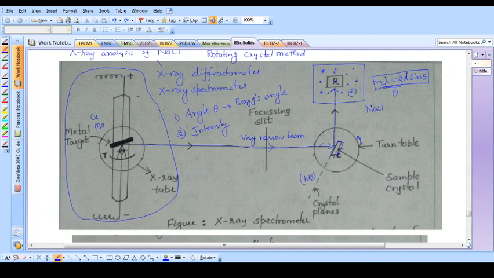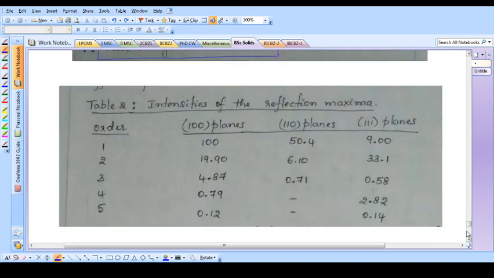But if I want to get a very detailed arrangement of sodium and chloride ions in the crystal, we have to go much into the details. For that we require the intensity of each of the spots, not just position, we also need the intensity of each of these diffraction spots, and the intensities of these spots are listed in this table number 2.